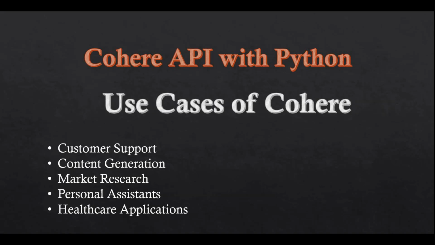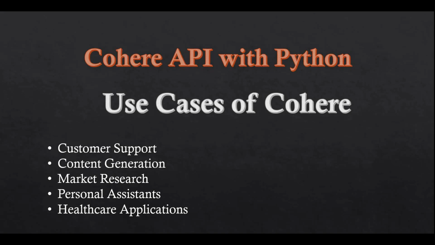Now there are a lot of aspects in which you can use this model, or the Cohere API, but let's talk about some use cases. For example, in customer support, it's used for automating customer support with conversational agents. Content generation: assisting in writing blogs, articles, or product descriptions.